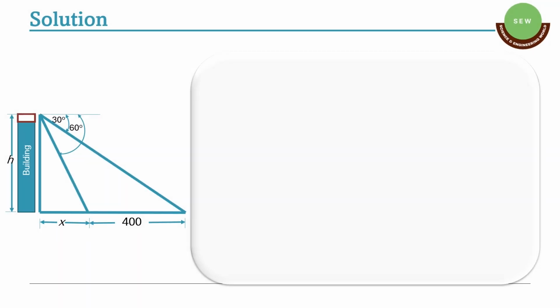This will now give us 4x squared plus 800x. Now 160,000 minus 480,000 will give us minus 320,000, will be equal to 0.